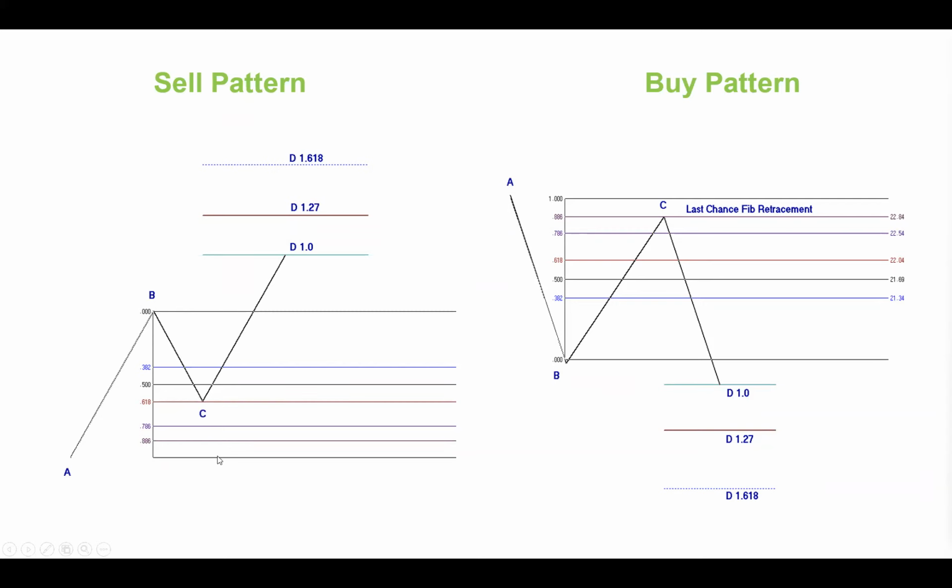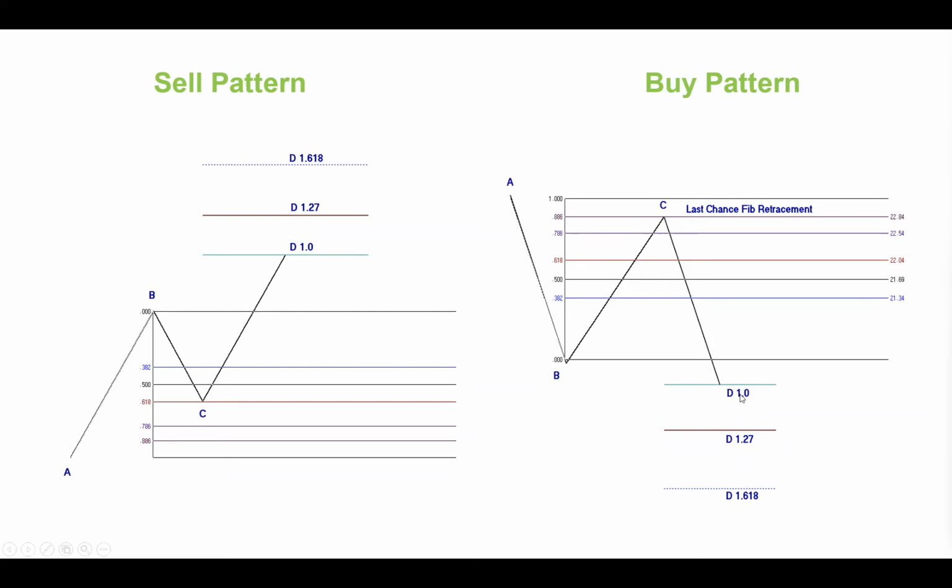Now, sometimes it can even come down to where the 1.0 is, but that, I think, from a technical analysis viewpoint, has to be looked at the time, because that could also be a double bottom or a double top. So you sometimes have to apply some other technical tools to be able to read the market if that occurs. But we don't want to see that C point exceed the starting point of the pattern. Same with if it's a buy pattern.